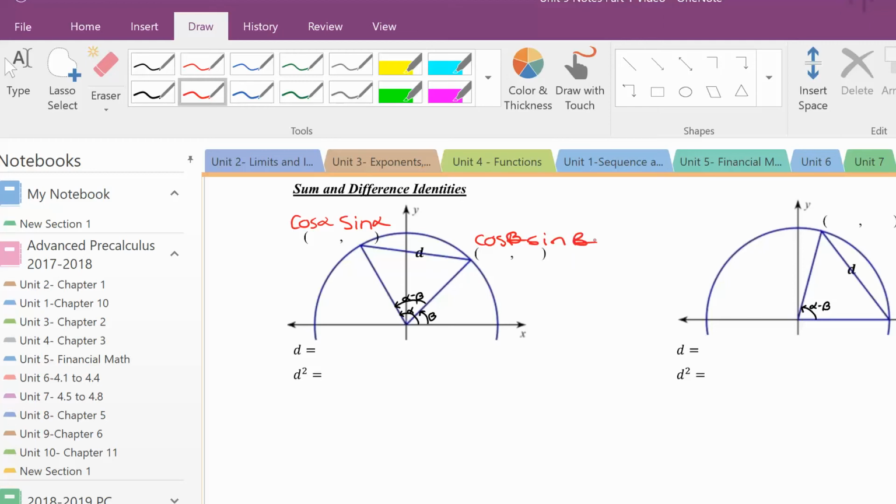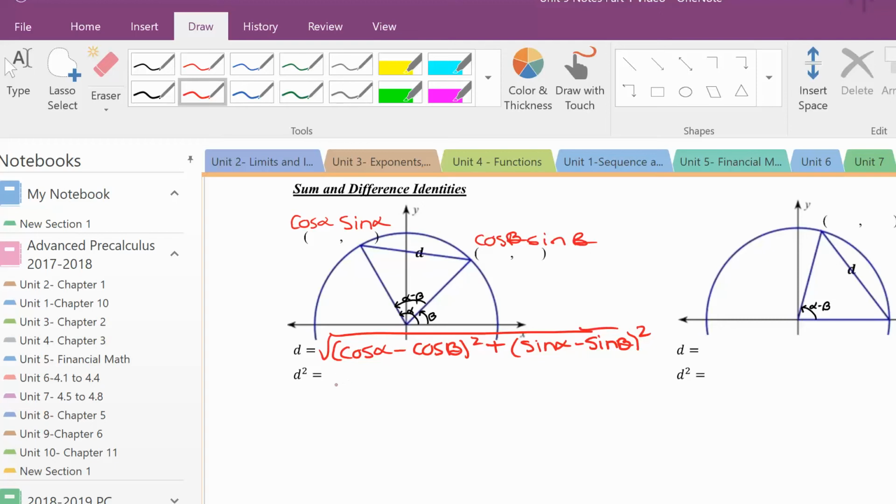And then if you found the distance between the two coordinates, you would have the distance formula. So you'd go the square root of cosine alpha minus cosine beta squared plus sine alpha minus sine beta squared.